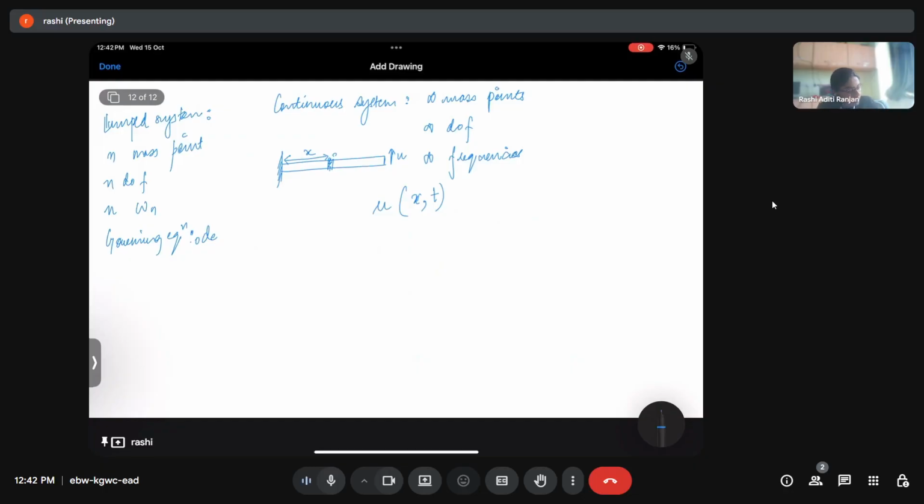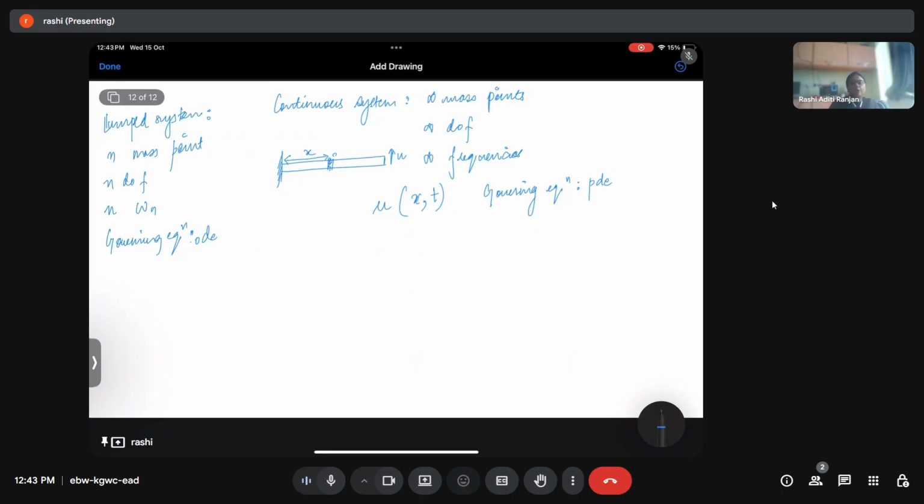But what about here? Here we are getting the governing equation as a partial differential equation. Why? Because our response u is dependent on two independent variables, x and time. Earlier it was dependent upon just time. Here it is dependent upon x as well as time.